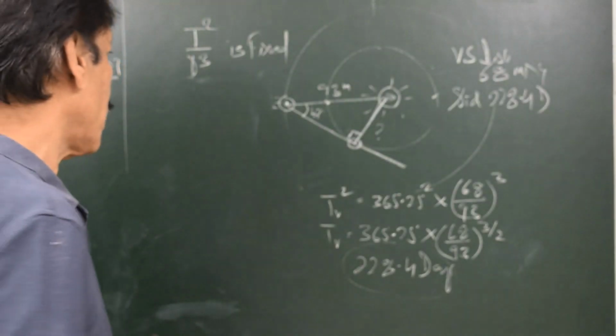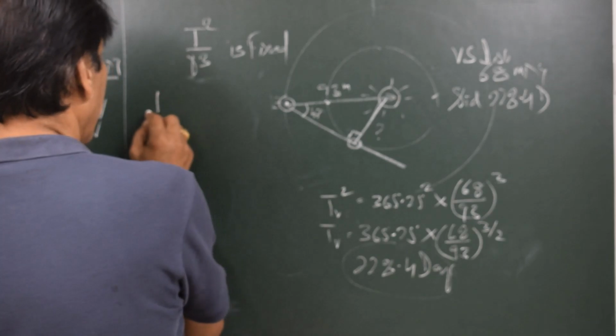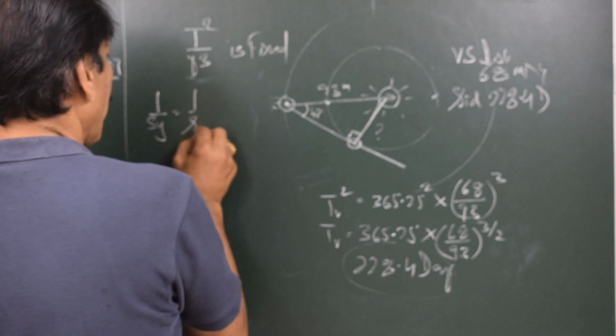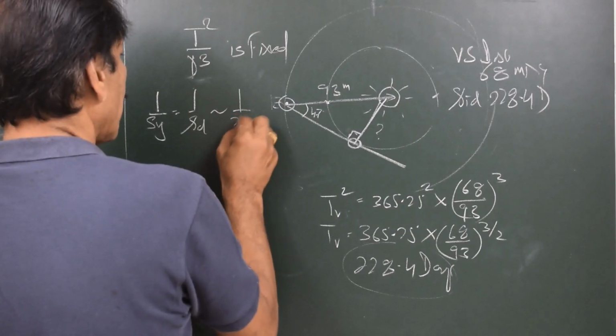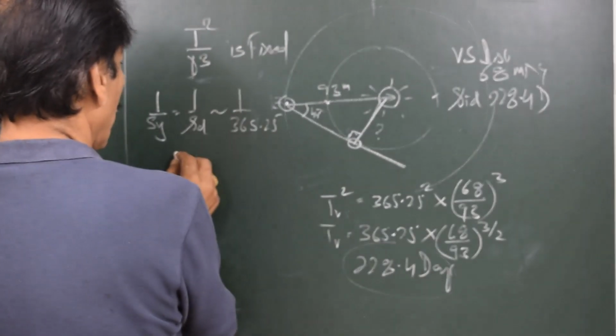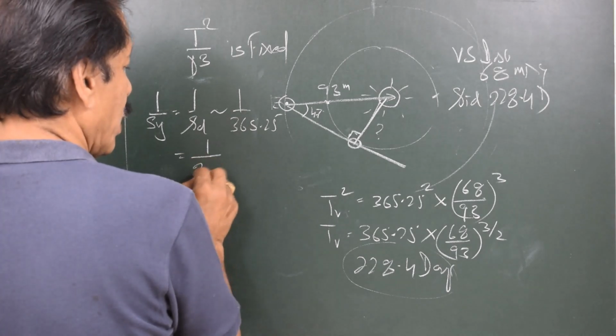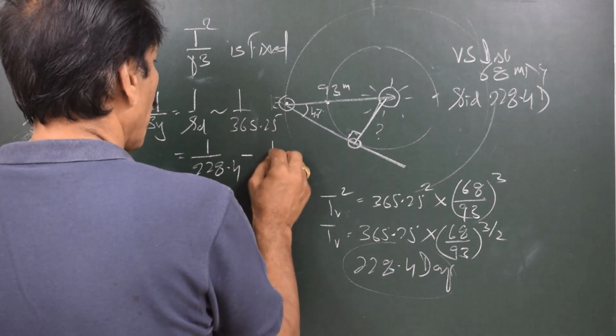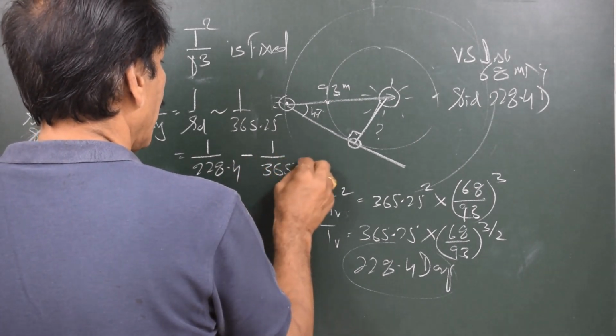Next we have to find out the synodic period, and we have the formula: 1 upon synodic period is equal to 1 upon sidereal period, minus 1 upon 365.25. So it will be 1 upon 228.4 minus 1 upon 365.25.